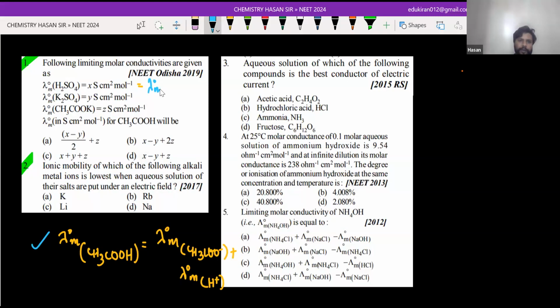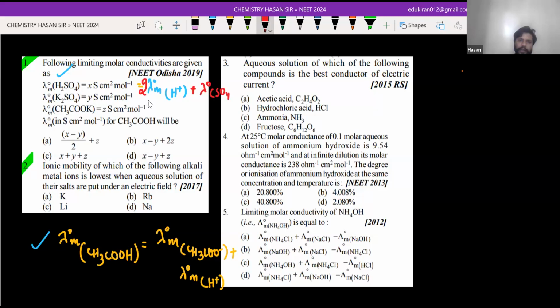It will be lambda naught m for H plus. When you dissociate this, 2 H plus is there, so you multiply this by 2, plus lambda naught m for one SO4 minus 2.